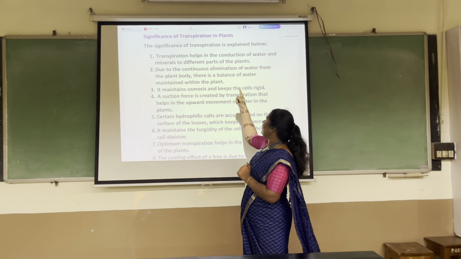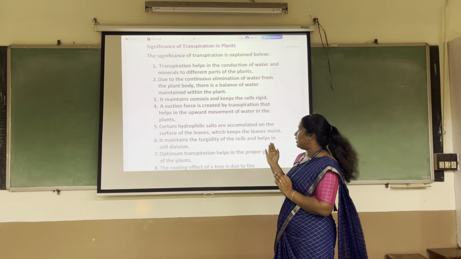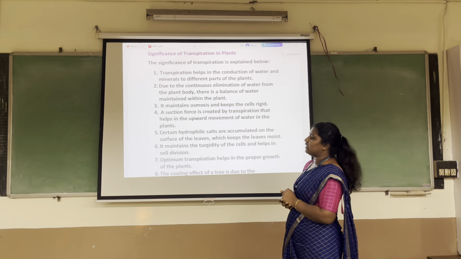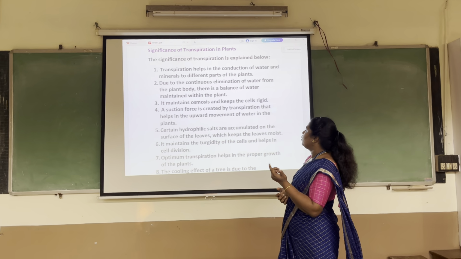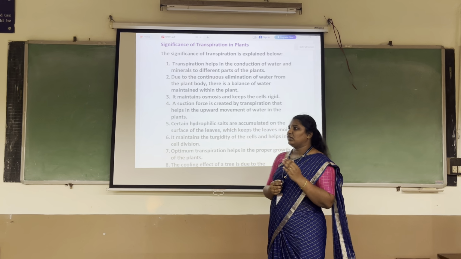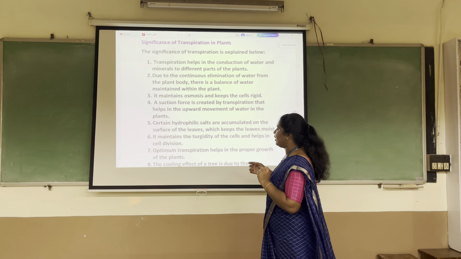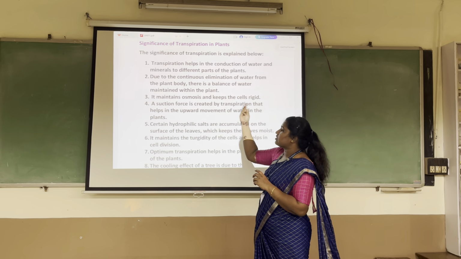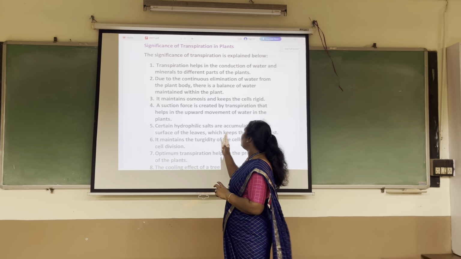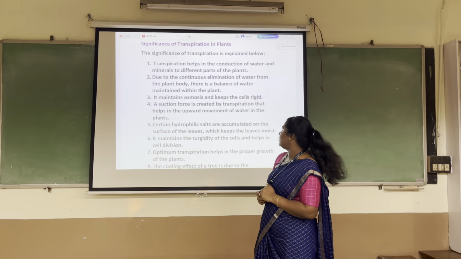Then coming to the importance of transpiration, how significant it is in plant life or plant metabolism. The significance of transpiration is explained below. Transpiration helps in conduction of water and minerals to different parts of the plant. The plant always collects water from different parts of the plant body and transpires it, again extending it to the aerial parts. Due to continuous elimination of water, what happens?